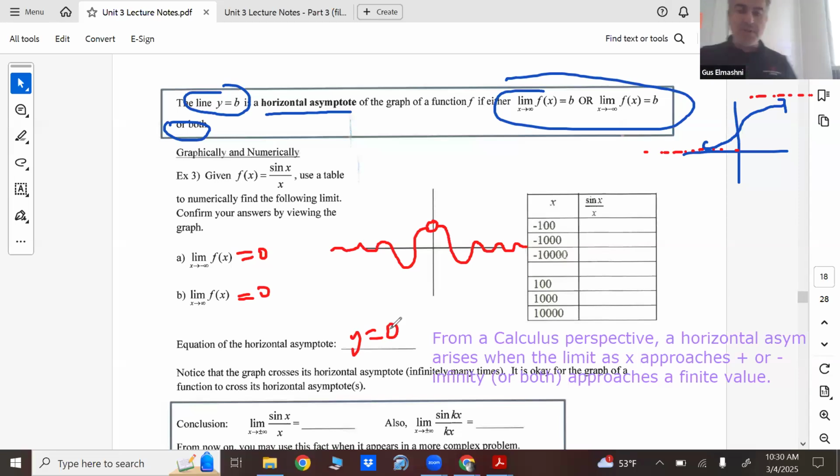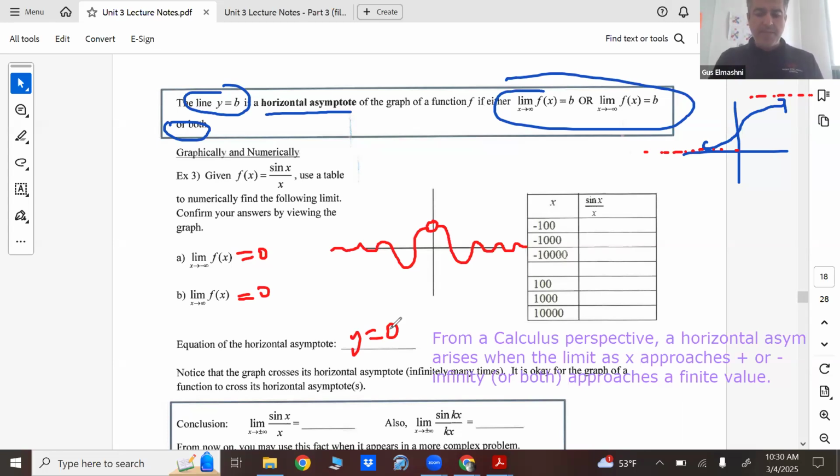It's y equals 0. And actually, I'll use my calculator. I'm not going to display the calculator because I just don't really have space to do so. But if I go to y equals, okay, sine x over x. And by the way, I have to be in radian mode. Very important.